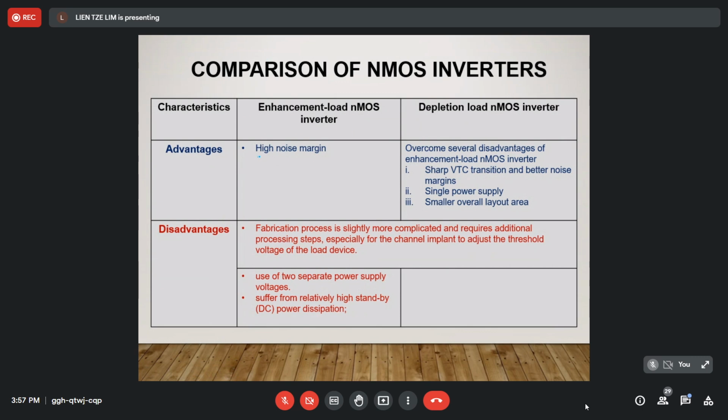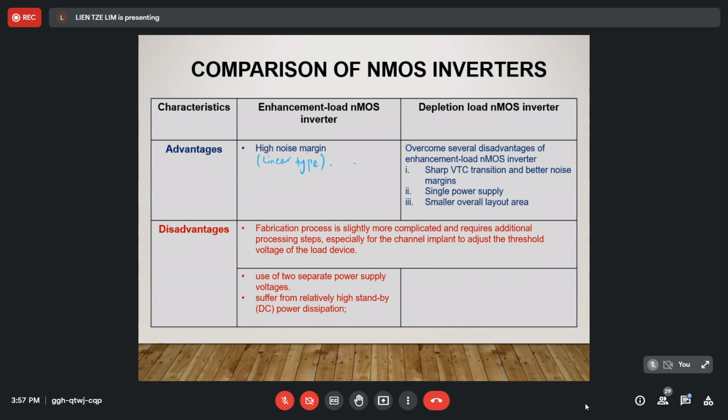The enhancement type in saturation does not have this high noise margin. This is the only advantage of the enhancement type NMOS inverter, where it is operated in linear.